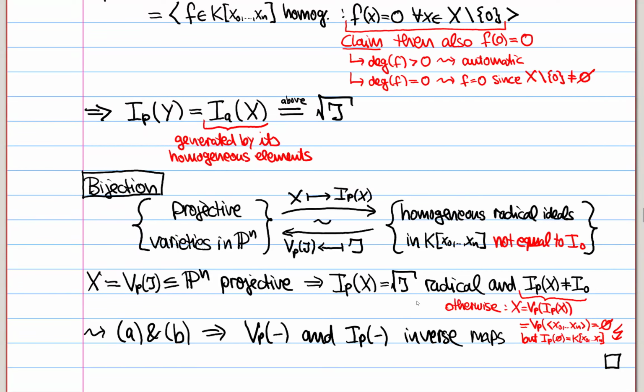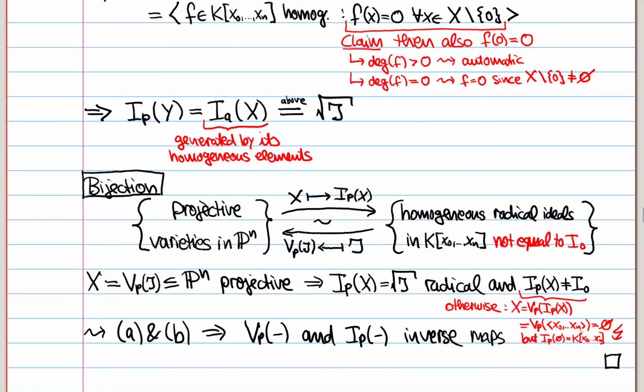And the claim is that this is not equal to the irrelevant ideal. To show this claim, assume otherwise, assume that IP of X was this ideal I0. Then, by the first part of the Nullstellensatz, we have X is the vanishing locus of its own ideal.